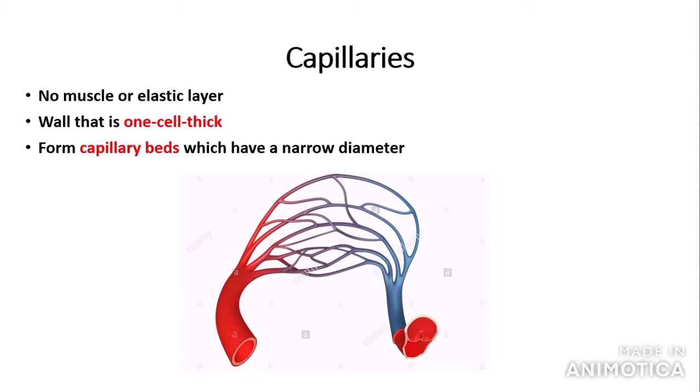This means that there is a short diffusion distance of oxygen into the capillaries. The wall that is 1 cell thick also has the same adaptation, so there's a short diffusion path of oxygen into the capillaries. This means that oxygen can be readily unloaded at respiring tissues.